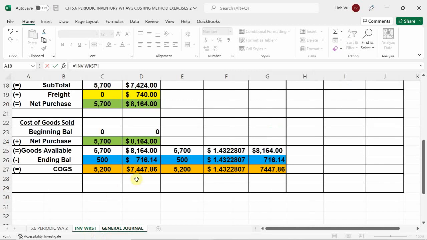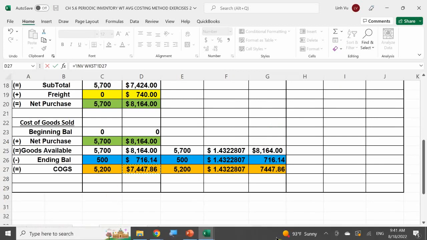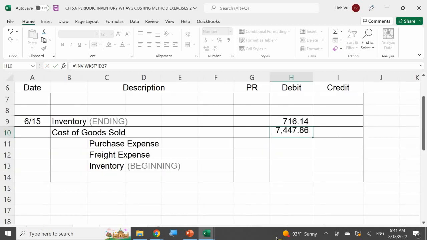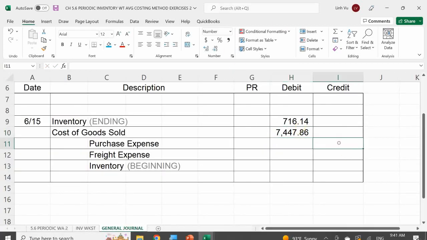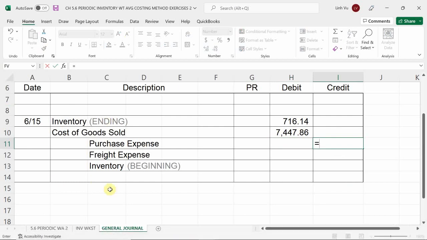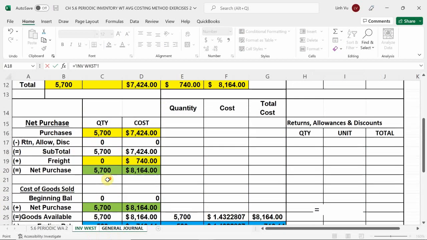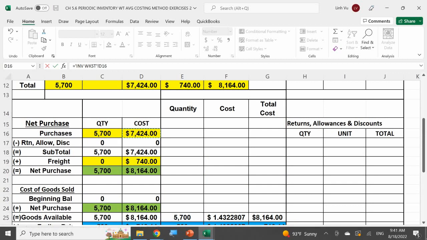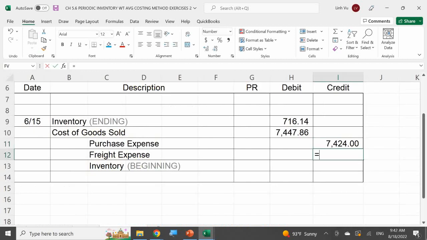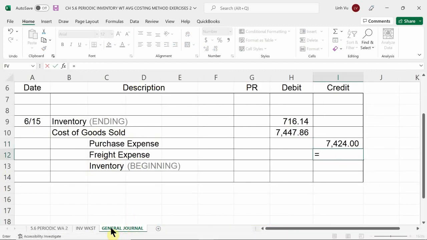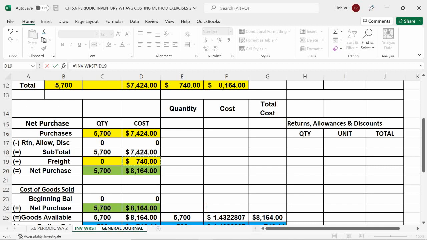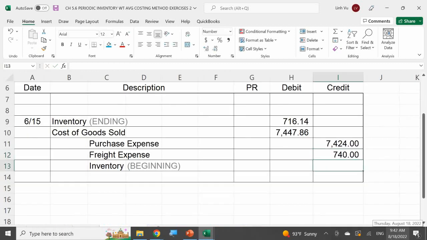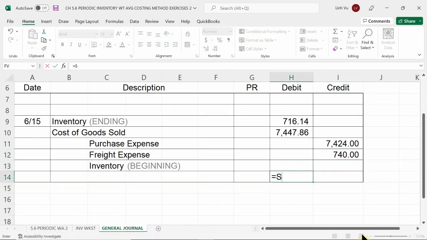How much was my cost of goods sold? $7,447. Okay. And then what is my total purchases? $7,424. And what was my total freight? 740. Excellent.